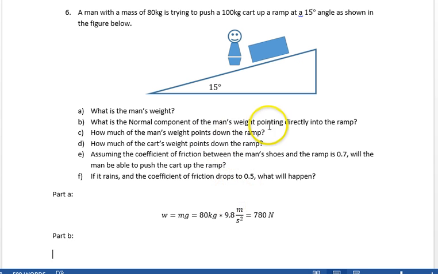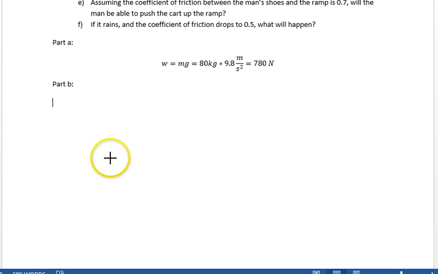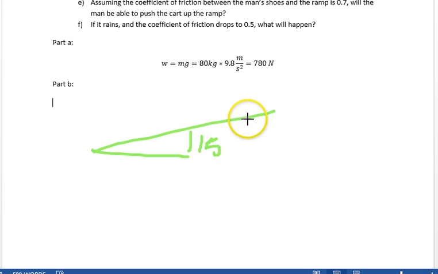Part B. What is the normal component of the man's weight pointed directly into the ramp? Here, the ramp is at 15 degrees. The man's weight points straight down towards the center of the earth, so what is the component of it straight into the ramp?